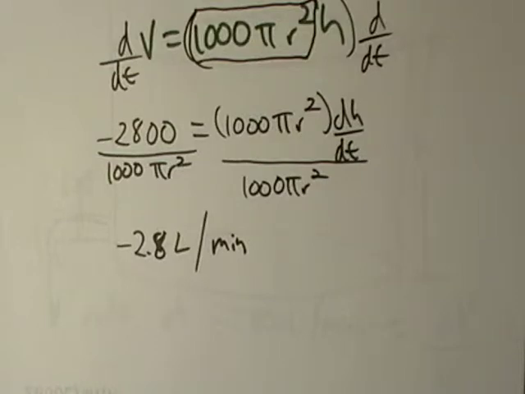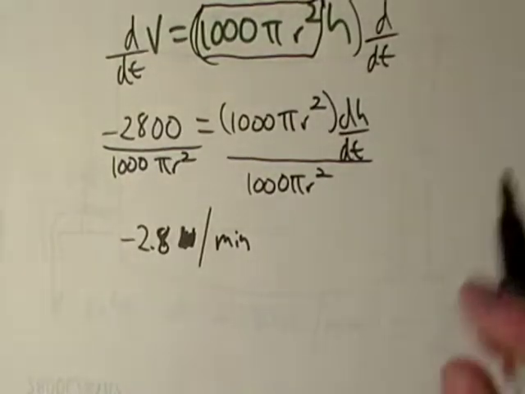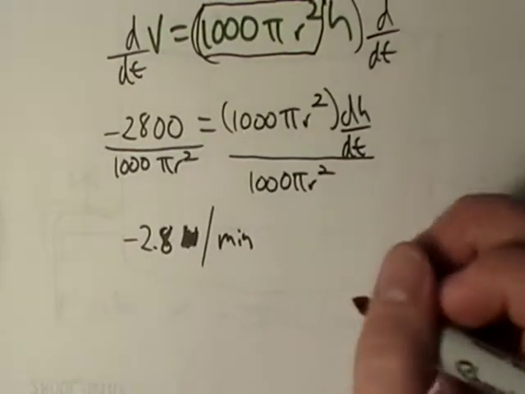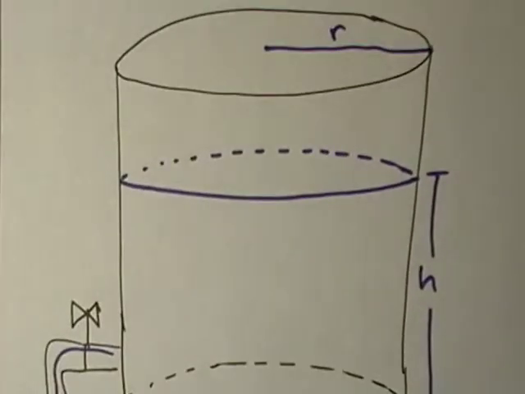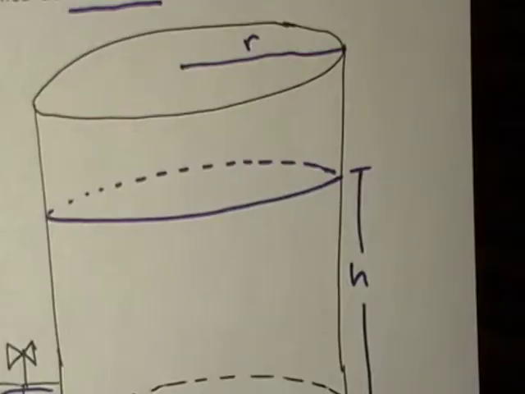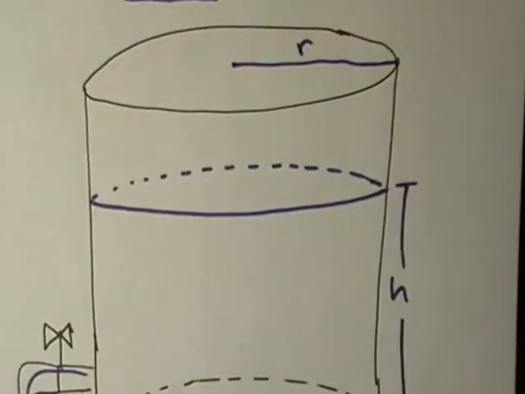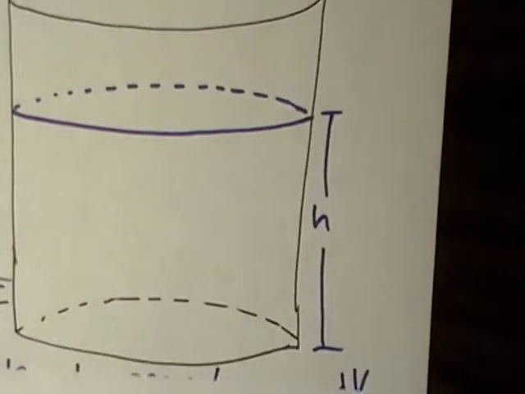the height changed. And I made a mistake. I put liters there. Looking here, this didn't have anything on it. H could have been in inches, it could have been meters.